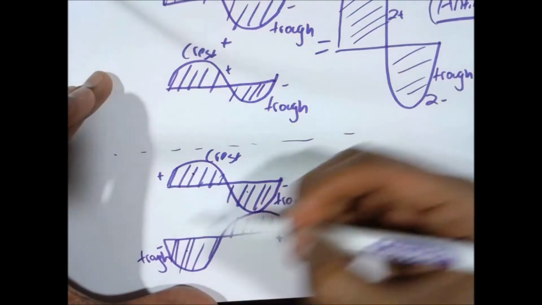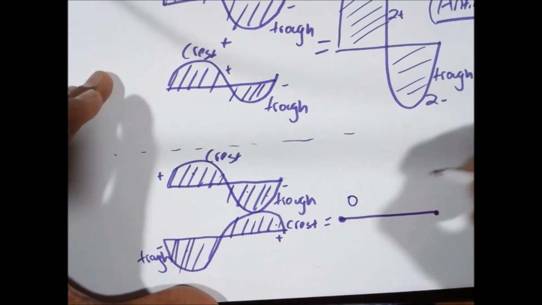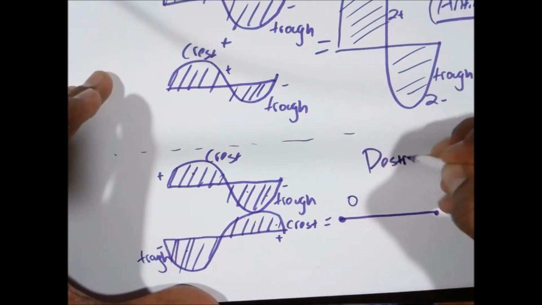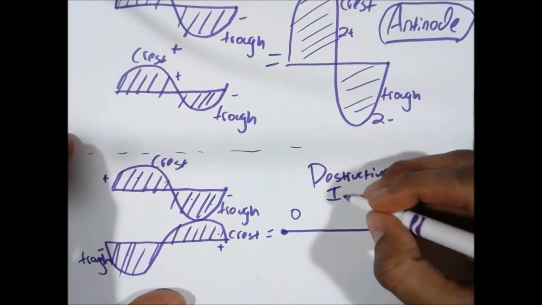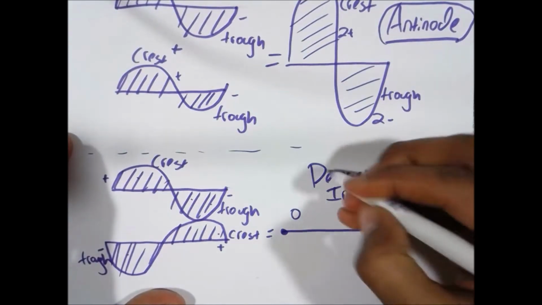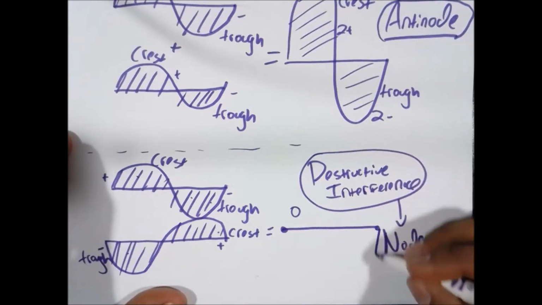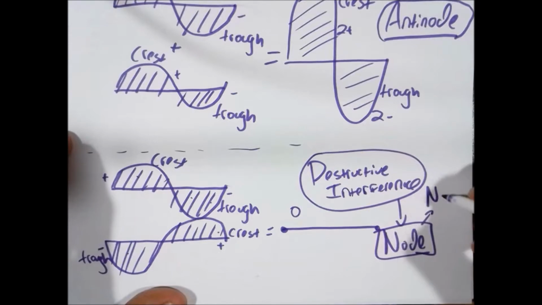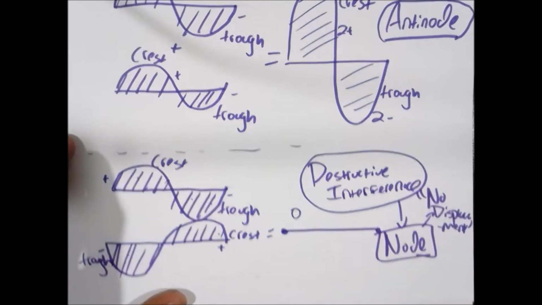You're going to have plus 1, minus 1, minus 1, plus 1. You're going to have no displacement, right? So 0. This is called destructive interference. And this is going to produce a node. Right? No displacement.